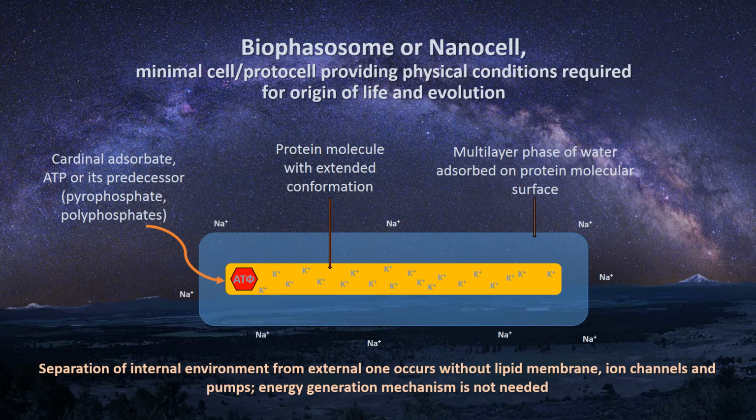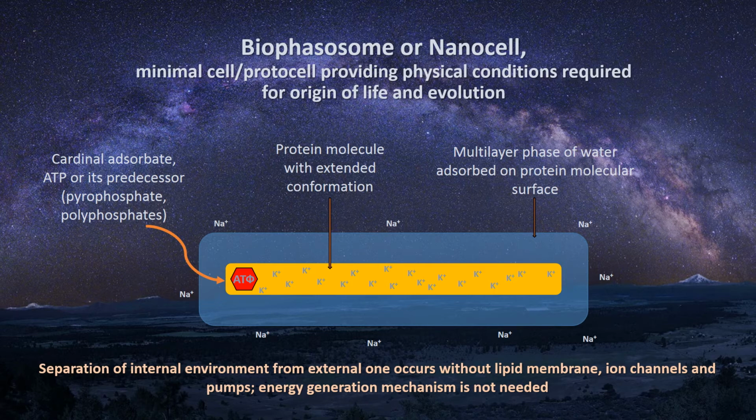Based on the data reviewed, we arrive at the following representation of the Biophasosome, or Nanocell, the structural initial level which provides the necessary physical conditions for the origin of life. This is, above all, a polypeptide with extended conformation, whose peptide bonds are available for water.